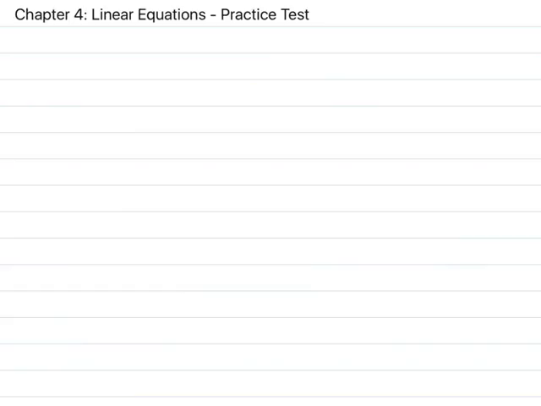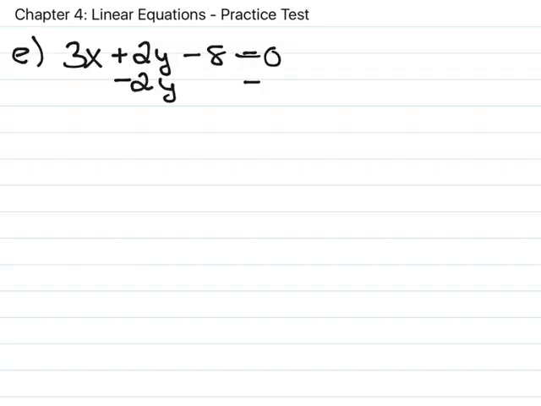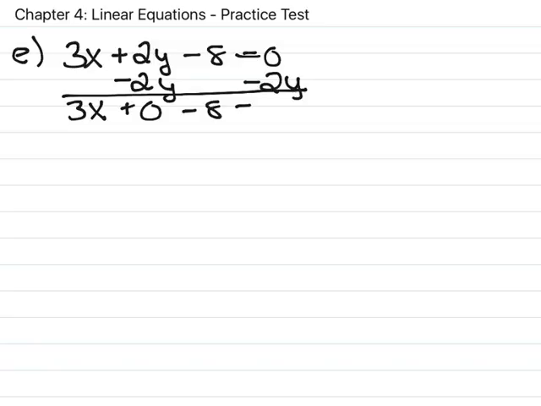So we have, last one for part 7 is E, so we have 3x plus 2y minus 8 is equal to 0. So I'm going to move 2y over to the right hand side, always using opposite operations. We have 3x plus 0 minus 8 is equal to negative 2y. To divide everyone by negative 2.